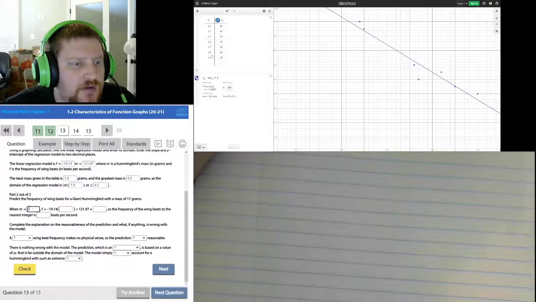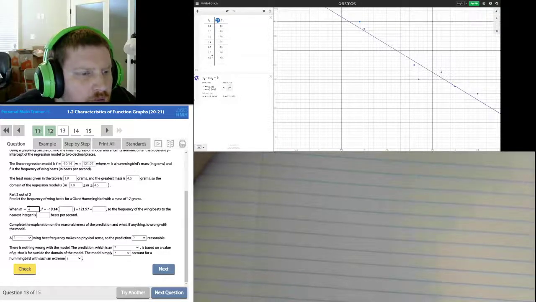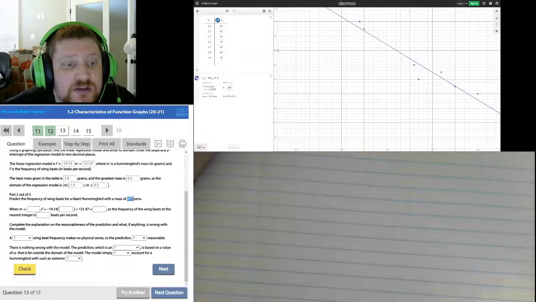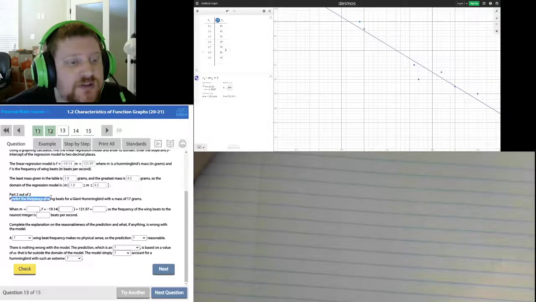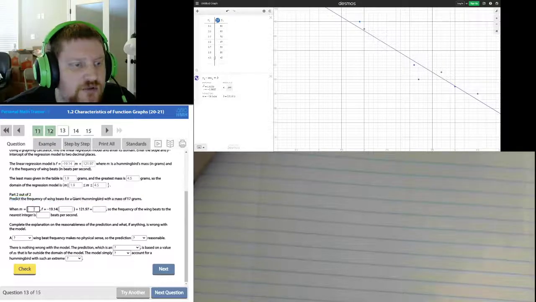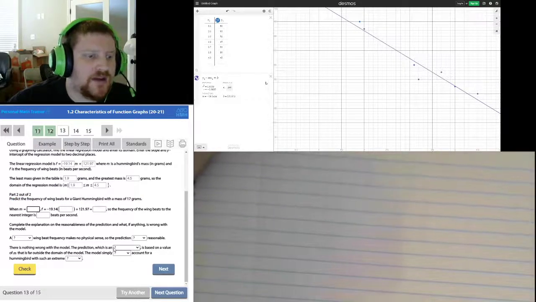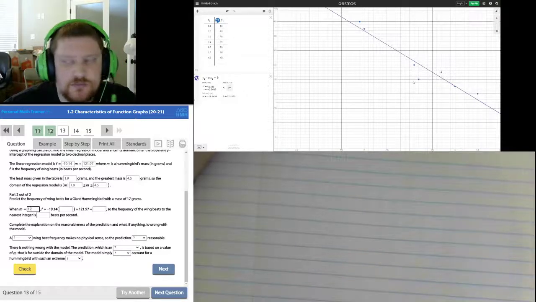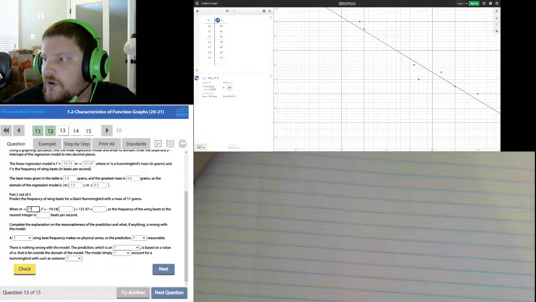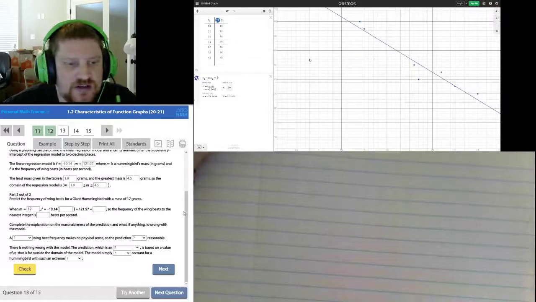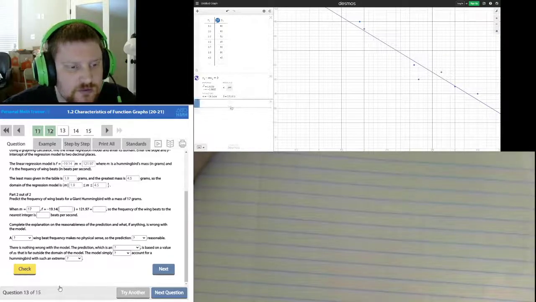When m equals 17 grams, predict the frequency of wing beats for a giant hummingbird with a mass of 17 grams. So when mass equals 17, we're actually going to plug this into Desmos.